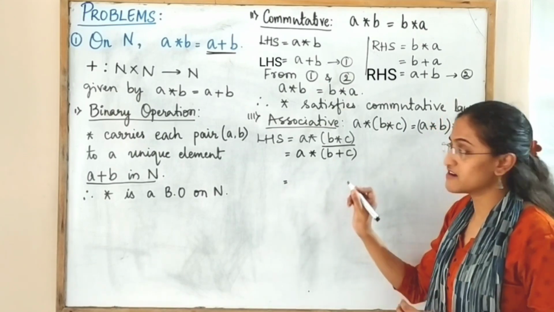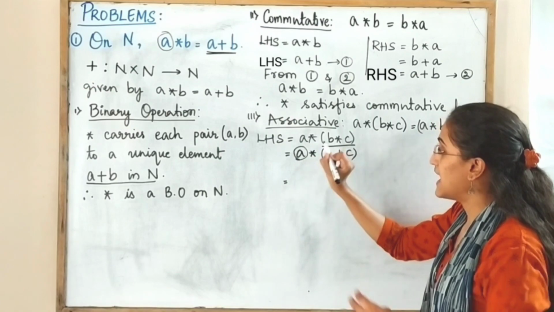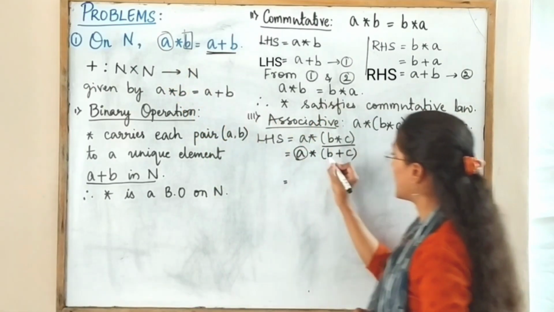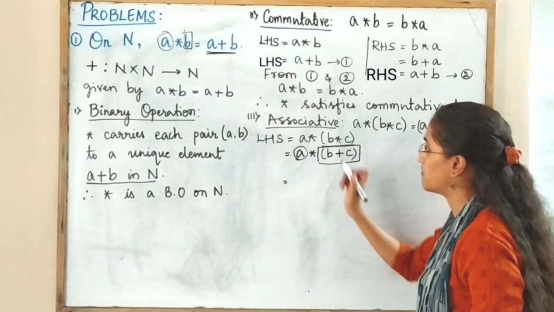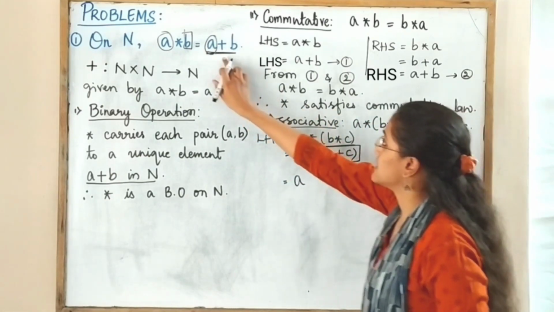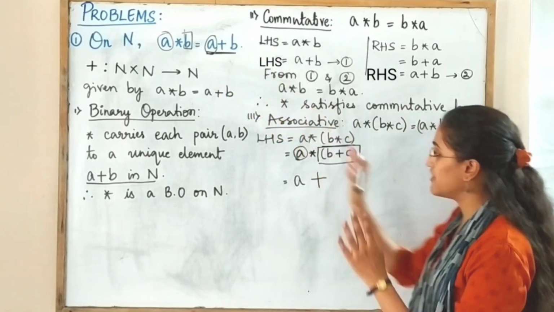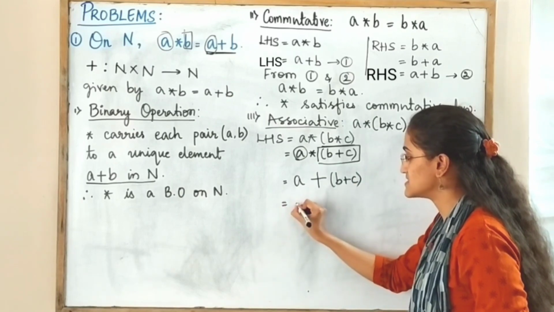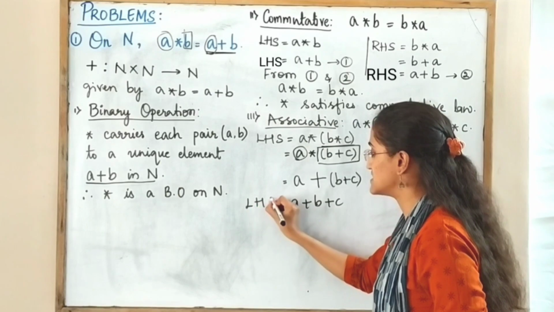Now you can observe that in the place of A, you are having A here and star. In the place of B, you are having B plus C. Now again applying the same operation, in the place of A, I am writing back A itself. Then you are having plus. In the place of B, we had B plus C, and hence we can write B plus C, which in turn gets us A plus B plus C. This is your LHS.